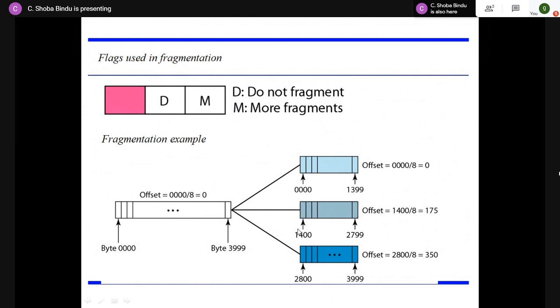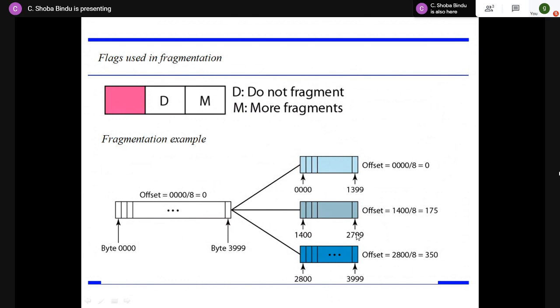To indicate this fragment, the fragment offset will be 1400 divided by 8, which comes to 175. So the offset will be 175. Once 1400 is completed, the next fragment starts with 2800.